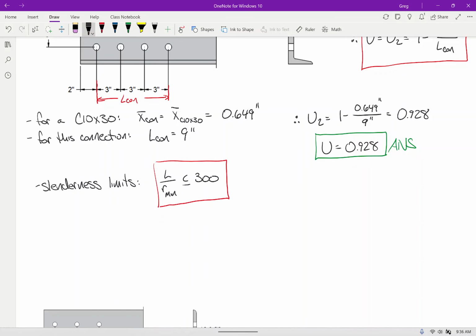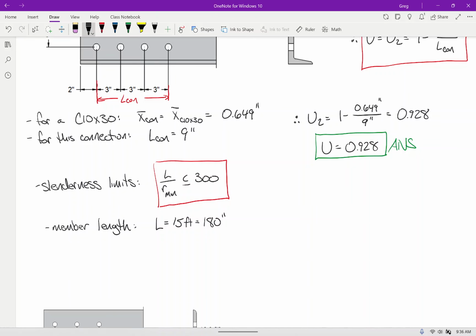Okay. How long is the tension member in this problem? 180 inches. Okay, yeah, because it's 15 feet, or 180 inches. I'm glad you did that.